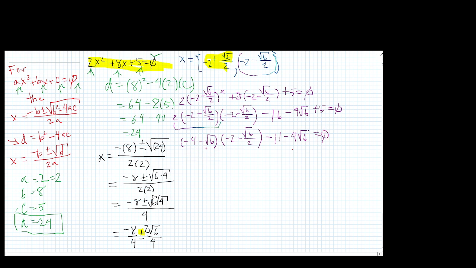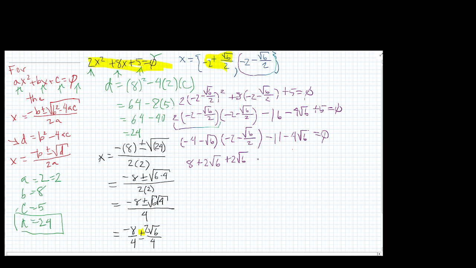So now we have minus 4 minus 2, and that is 8. And then we have a positive because we're multiplying the 4 plus times the negative. And then you have a 2 square root of 6 here. And then this becomes a negative times negative is positive 2 square root of 6.